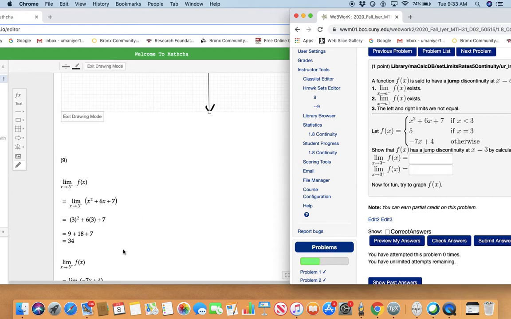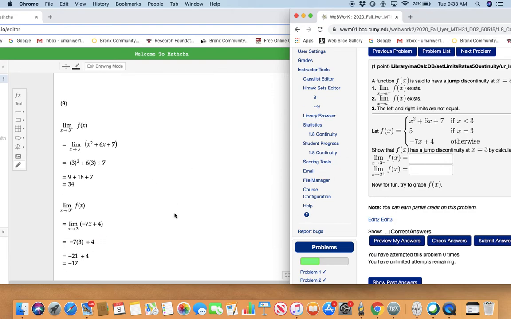So from the left, if you notice, just plug in 3, you get 34 in my case. Whereas when I come from the right, I have to use this last option. 3 gets me negative 17. So notice there is a jump. All right. So from the left, I plug in 3, 9, 18, 7. That gets me 34.